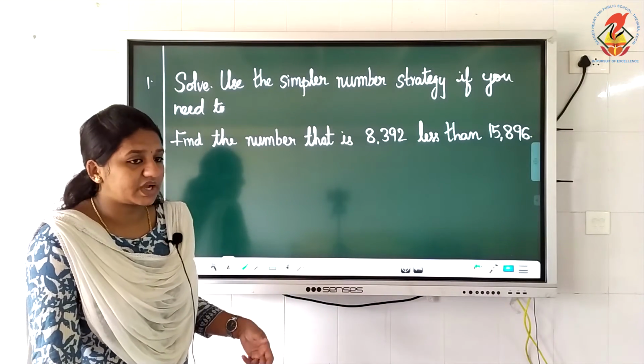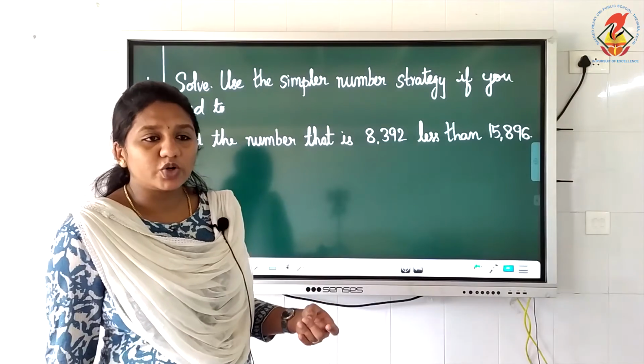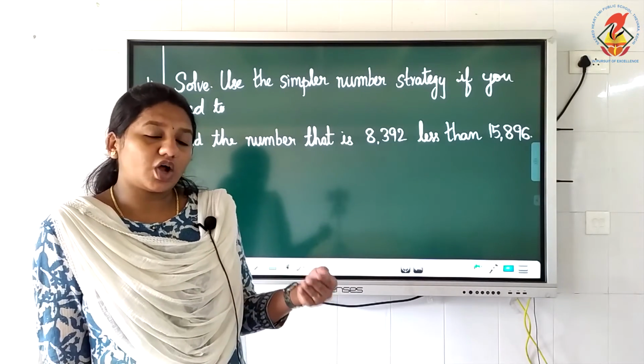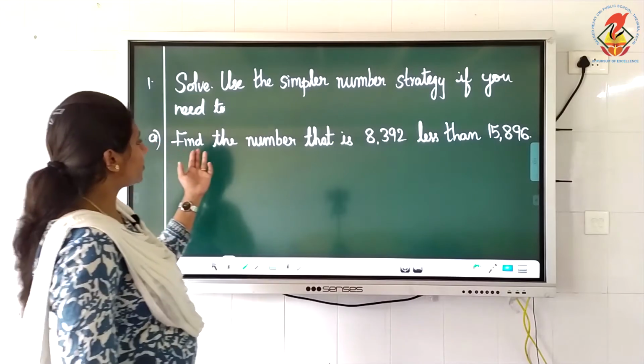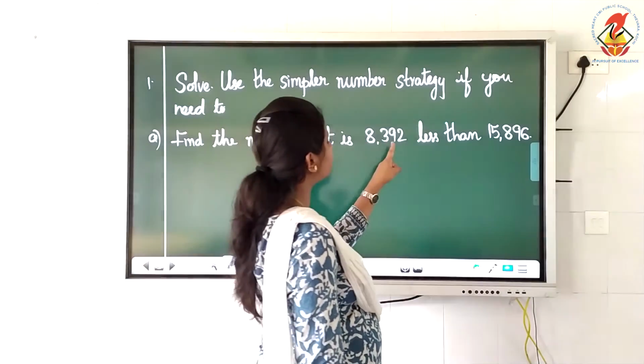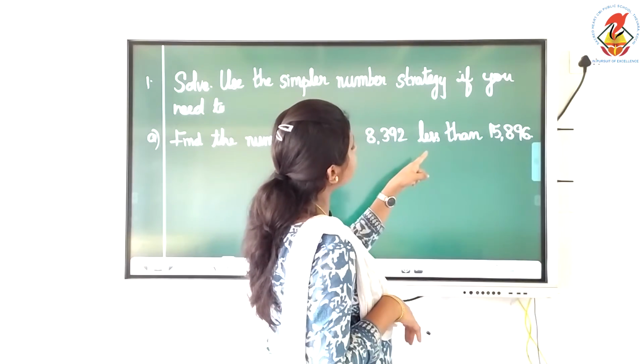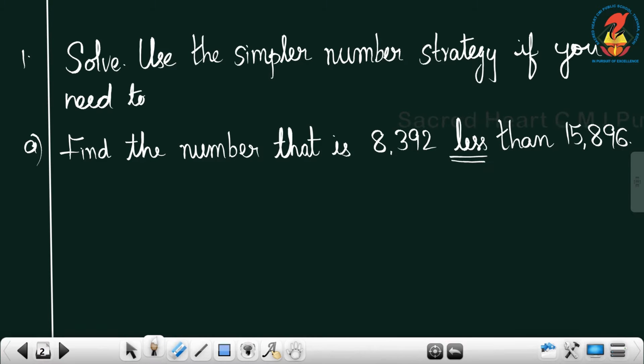Less than is a subtraction, more than is addition, altogether is addition, total is addition, like that. In this question, find the number that is 8392 less than, that means it's a subtraction.